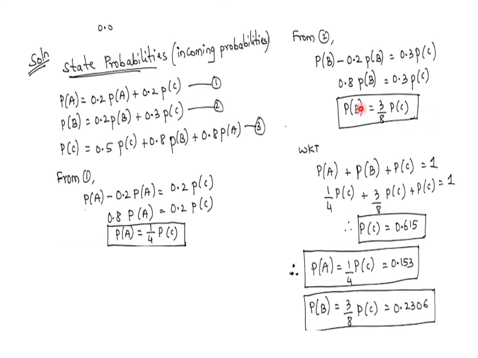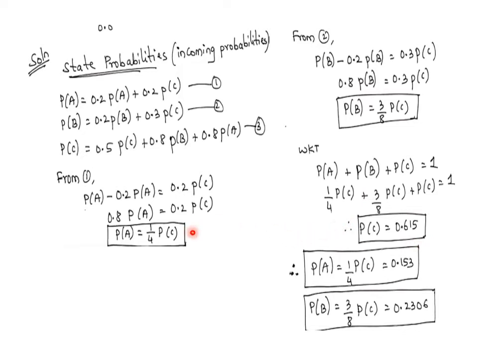And we know that the sum of probabilities is equal to 1. Therefore, P of A plus P of B plus P of C is equal to 1. So we have written P of A in terms of P of C, P of B in terms of P of C, plus P of C equals 1. And on simplifying, we obtain P of C as 0.615.